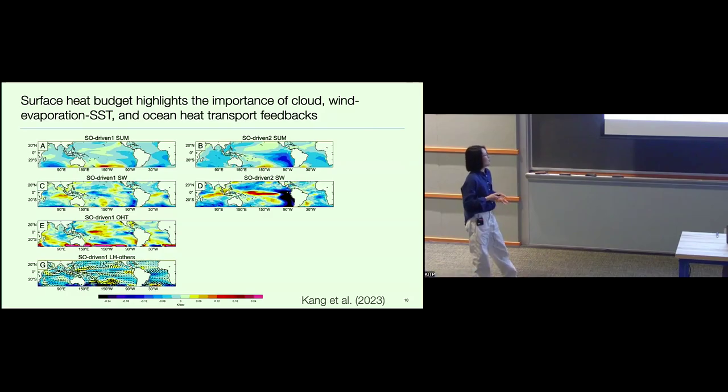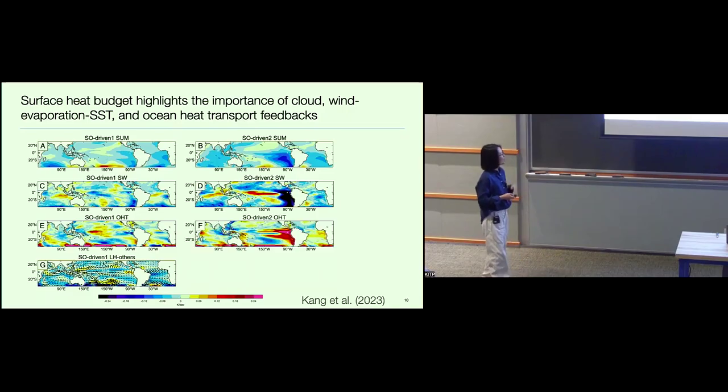If we look at the shortwave component of the heat budget, the signature in the Pacific is just overwhelming, with very strong values due to this very active subtropical low cloud feedback. The ocean heat transport is acting to counteract the cooling along the coast, at least. In both ocean basins, it has the opposite sign to the shortwave term. This is a pretty interesting thing that we found.